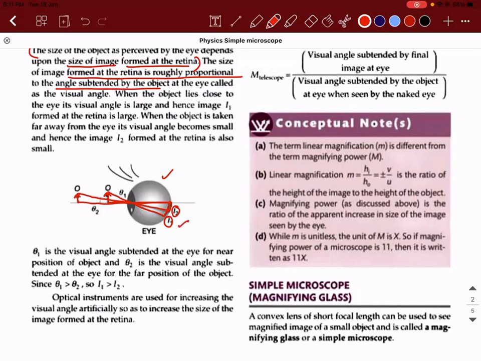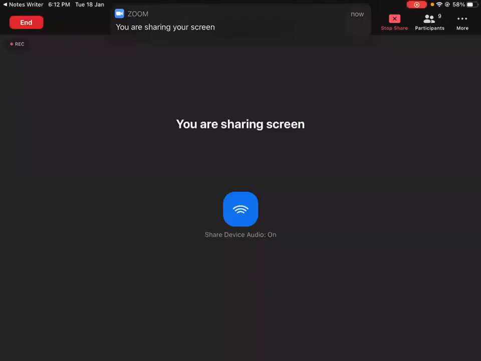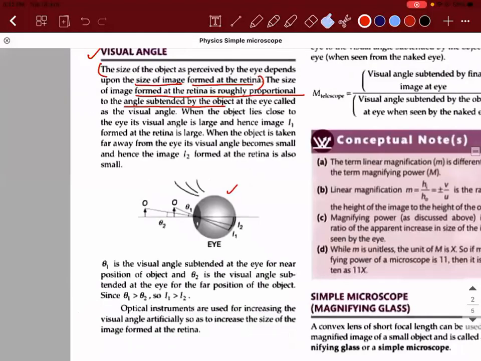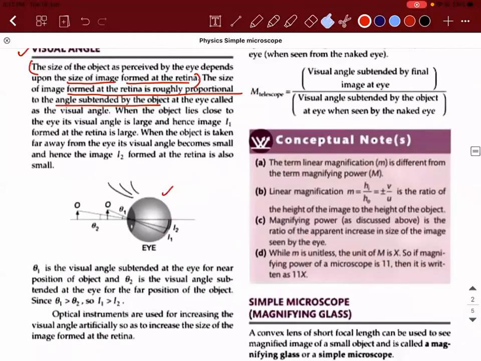It is I1, which is greater than I2. When I say I1 is greater than I2, I am able to see that theta 1 is of a greater value compared to theta 2. You're able to see it, right?